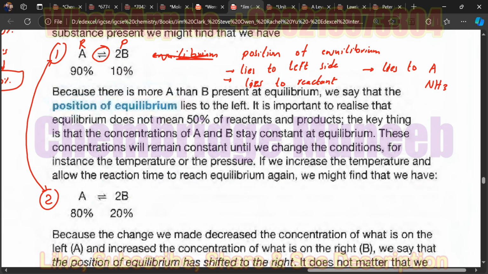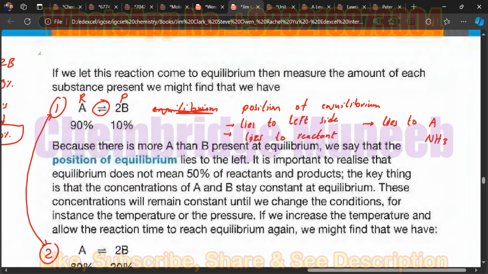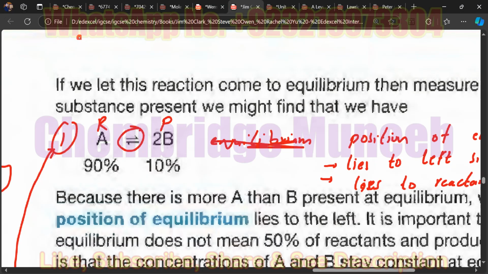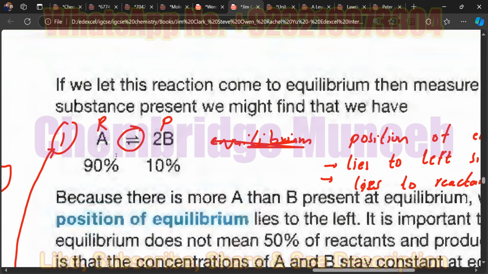Yes. For the first case, we did not compare it with any other case. We were just looking at only one reaction in which there was 90% amount of A and 10% amount of B. So we said that A is more, which means the position of the equilibrium is towards the reactant A or towards the left side.